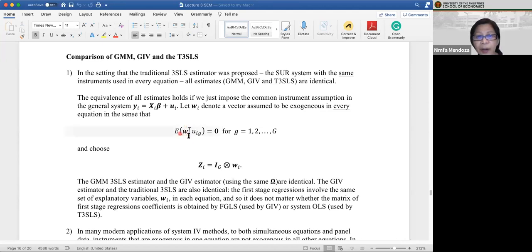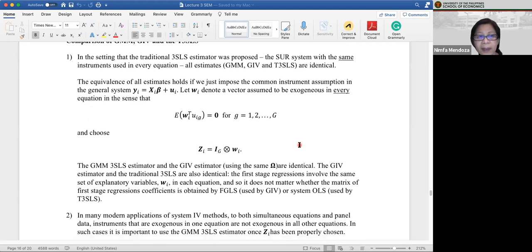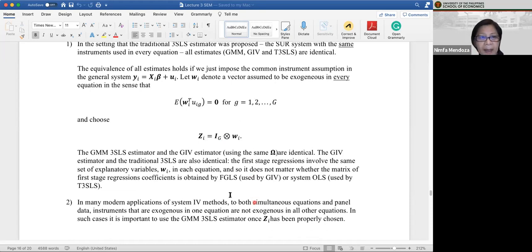So the expected value of W sub i transpose U sub ig is equal to 0 for each equation, g going from 1 down to G. Okay? And we choose the matrix of instruments C sub i equal to I sub G Kronecker product W sub i.